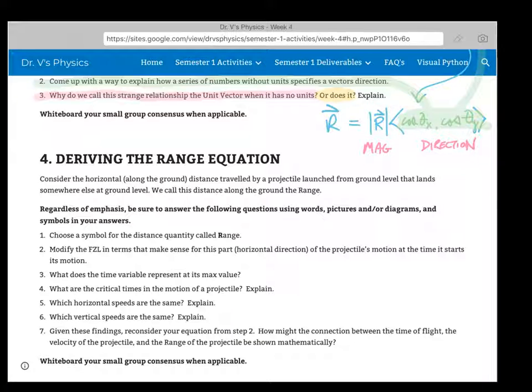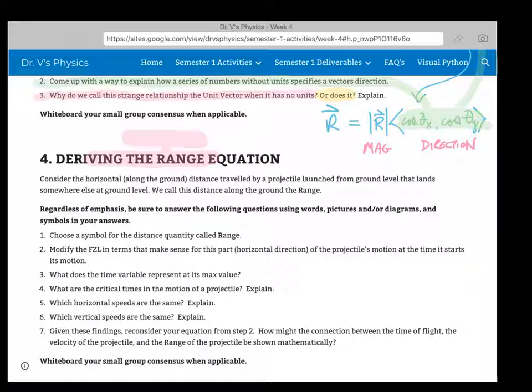Okay, so let's jump in here. Horizontal distance. When we talk about the range, we are talking about the horizontal along the ground distance as if the ground were perfectly flat.